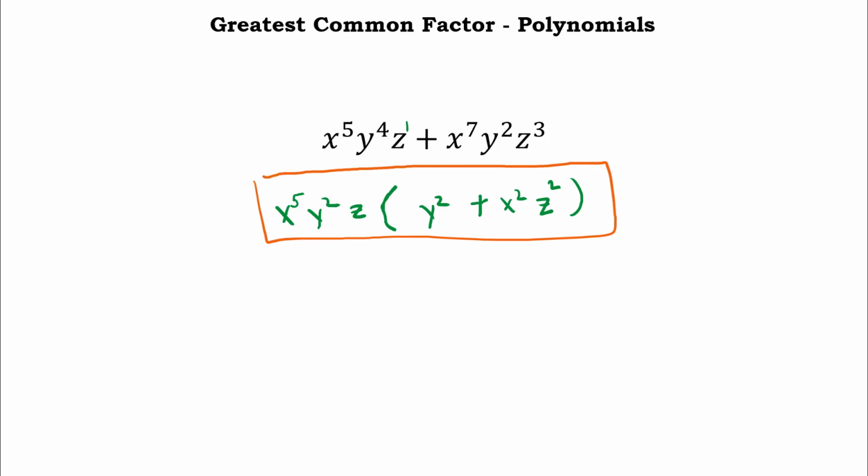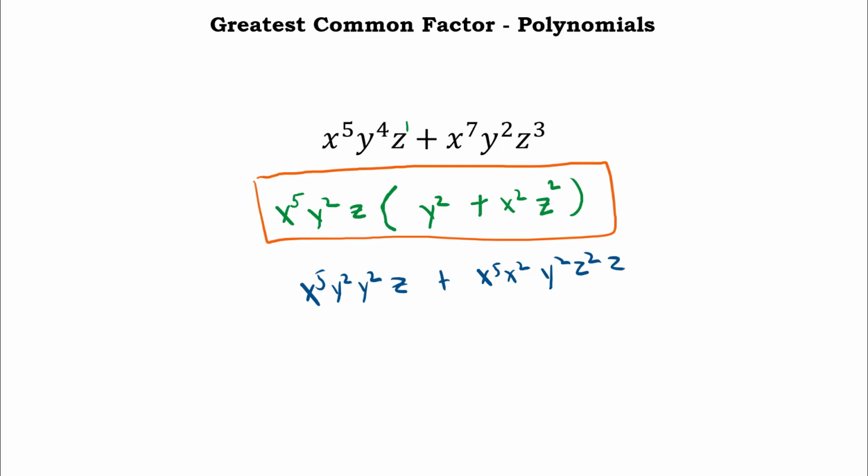And again, you can check this by multiplying back through. If you multiply this through, you would get x to the 5th, y squared times y squared, times a z, plus x to the 5th times x squared times y squared times z squared.